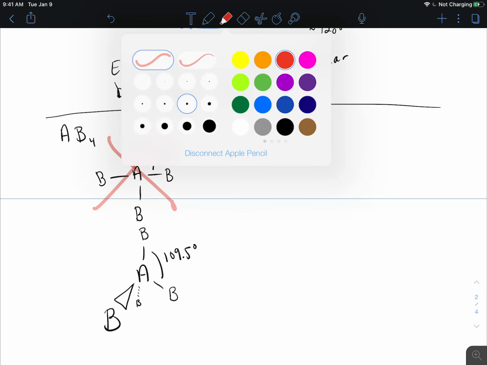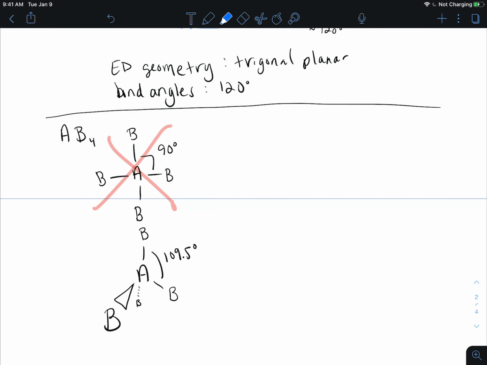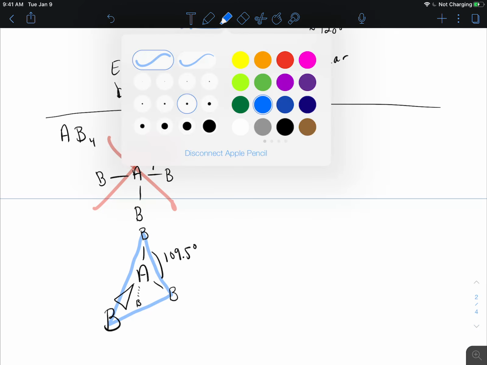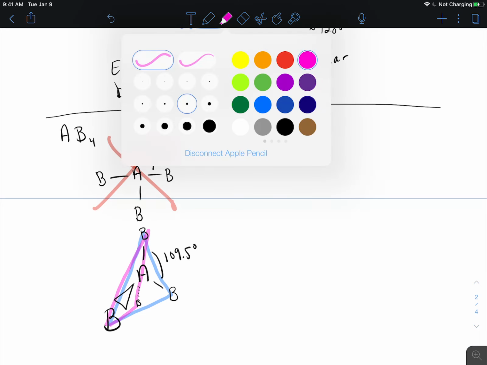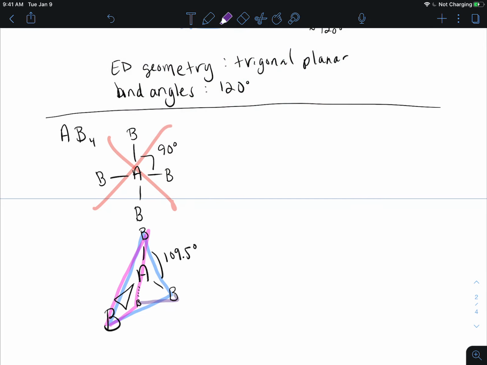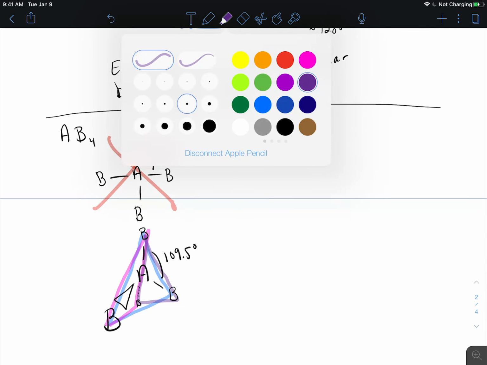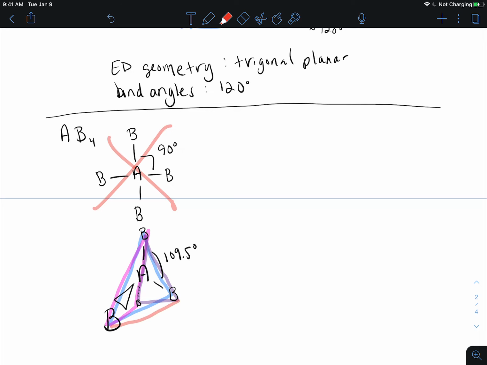Okay. Now, I'm going to attempt to draw what this looks like. So we have one face of this structure, and then a second face of this structure, a third face of this structure, and a fourth face of this structure.